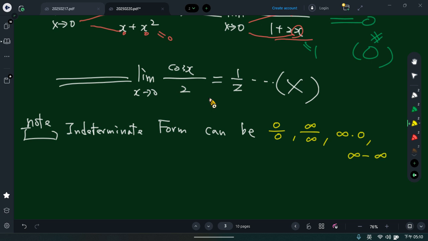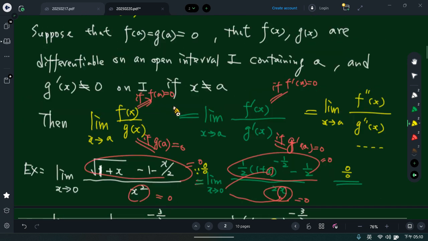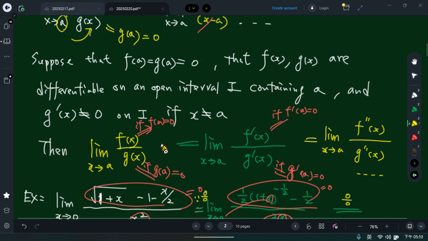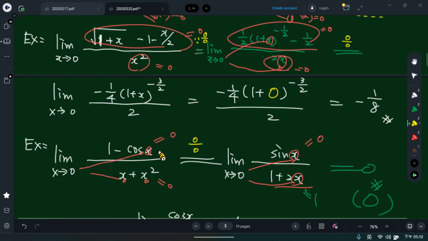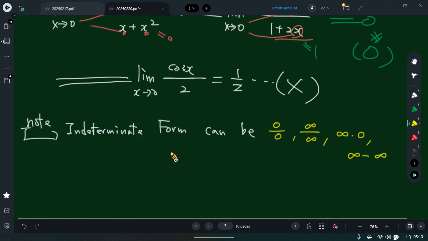So these four forms, all of them are indeterminate. That means I cannot make sure what the final result is. Instead, you just try and follow the rule. Okay?